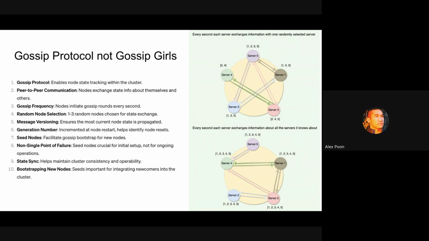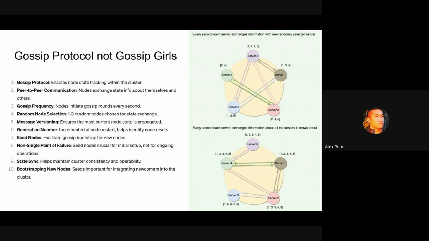Gossip protocol. Cassandra uses Gossip protocol that allows each node to keep track of state information about the other nodes in the cluster. Nodes share state information with each other to stay in sync.